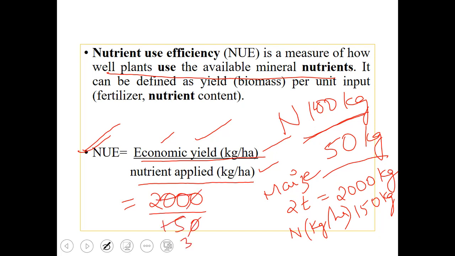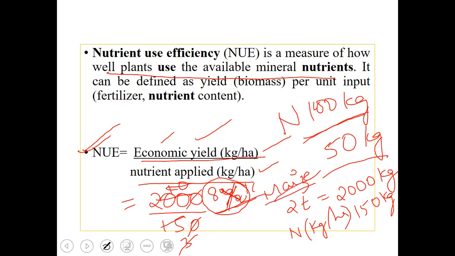Just cut it. 5 3s are 15, 40, 5 1s are 5, 8s are 40. You can put it as a percentage, so this works out to be 8% only. So only 8% is the nitrogen use efficiency in maize crop.